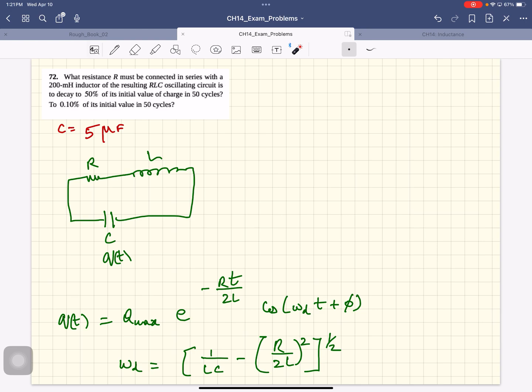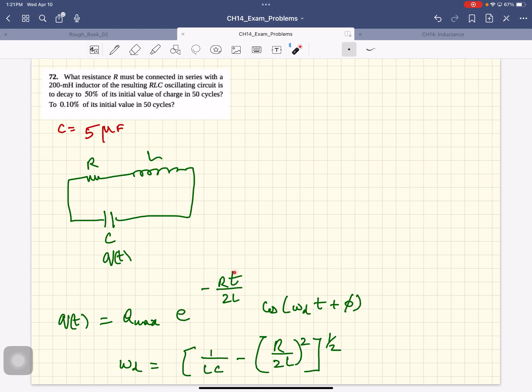So what they're asking is, I'll do just one part of this. What resistance must be connected? What should the value of this resistance be such that this oscillating circuit decays to 50% of its initial value of charge in 50 cycles?